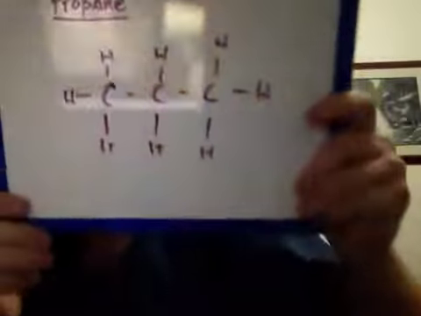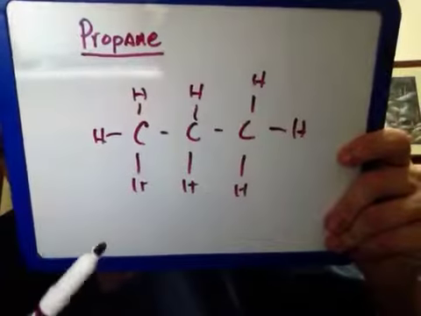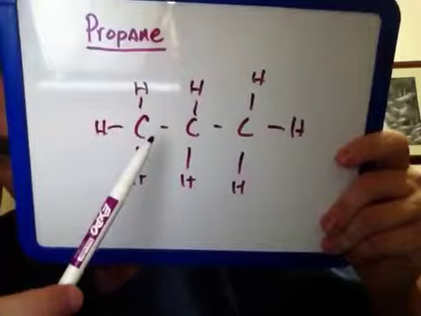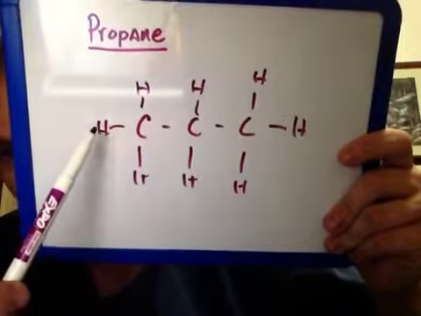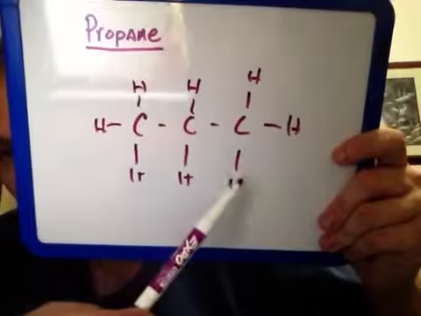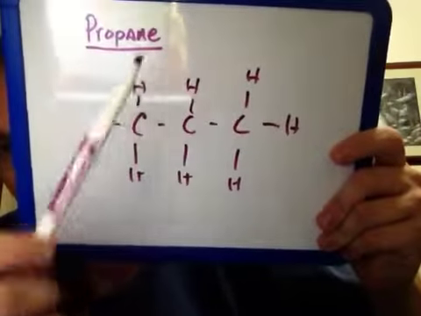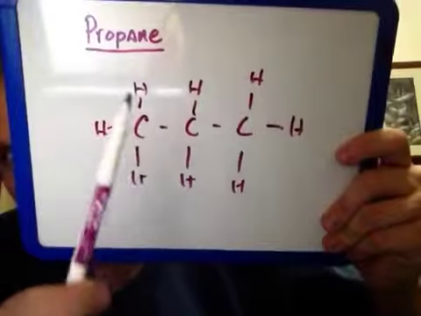I'll go ahead and draw this real quick. So I have propane, 3 carbons, 1, 2, 3, and then I have all of my hydrogens coming off those carbons, 1, 2, 3, 4, 5, 6, 7, 8. C3H8. Okay, that is propane. And then we move up from propane to butane, and you are familiar with butane. We have the butane lighter, the little lighters.